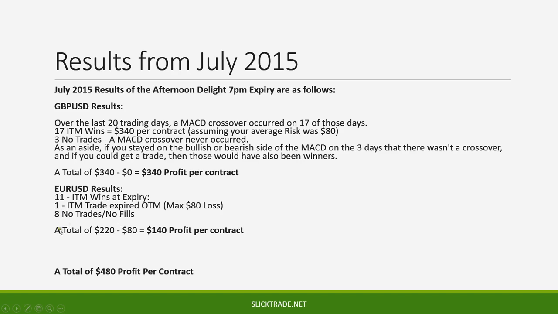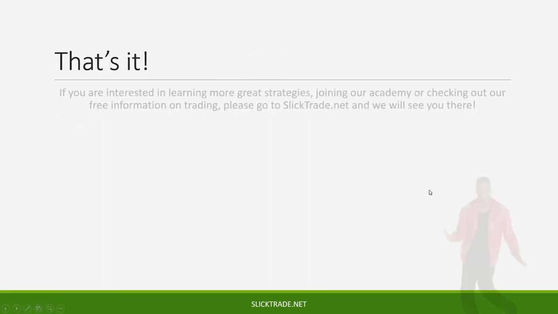So there was a total of $220 profit minus an $80 loss. So the EU brought in $140 profit per contract. Between those two, it was a total of $480 profit per contract. And that's on the low end. That's if you risk 80 to make 20. So, just some examples there.